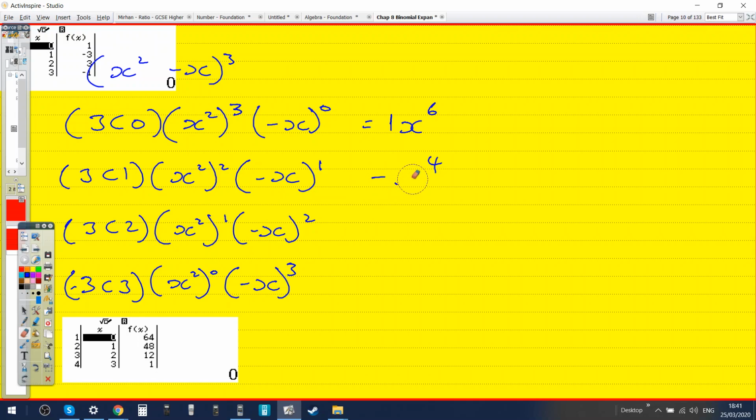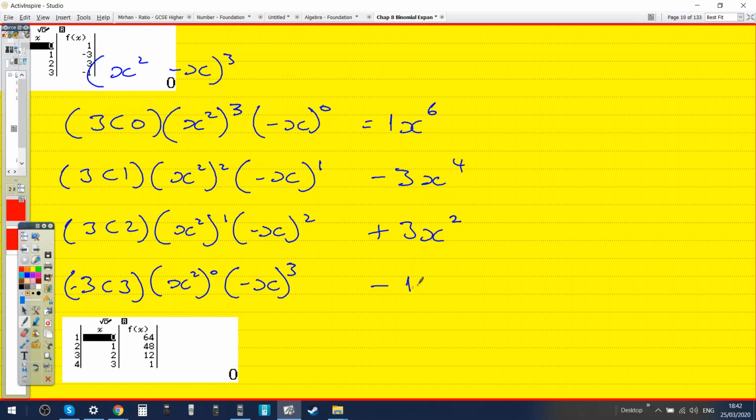And the next one, I got positive 3 x squared. Mm-hmm. And then minus 1.